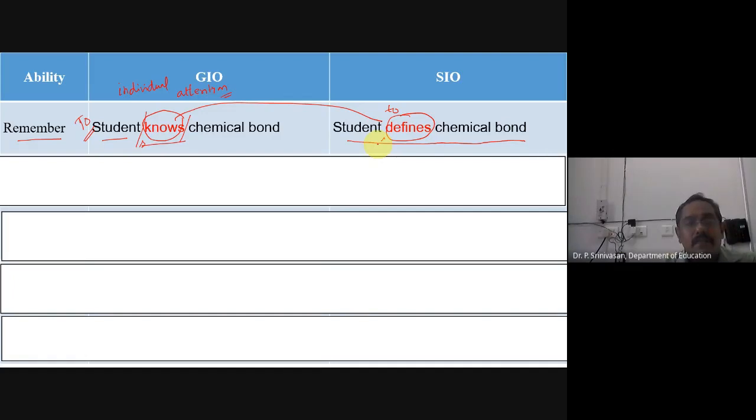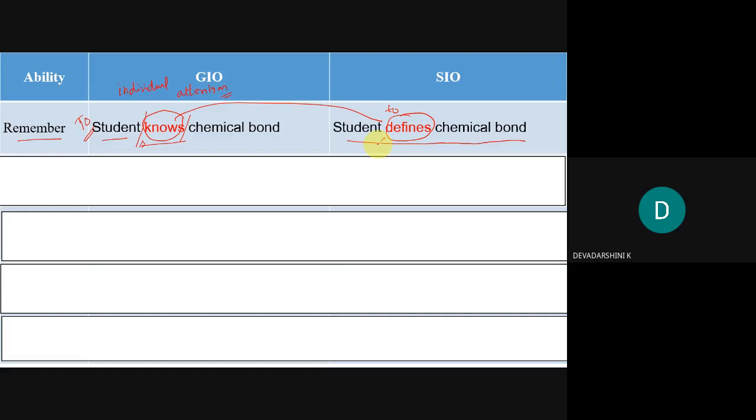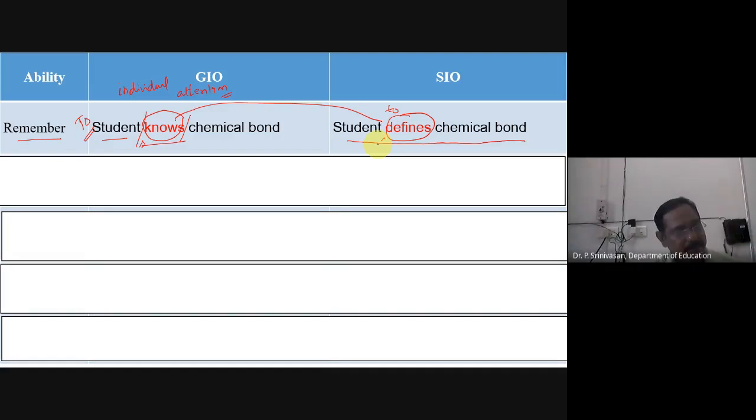In GIO and SIO, while writing, we should not write "student to know about chemical bond, student to define chemical bond." The word "to" should not be added. Yes, Devadarshini. No, sir. No idea, sir.